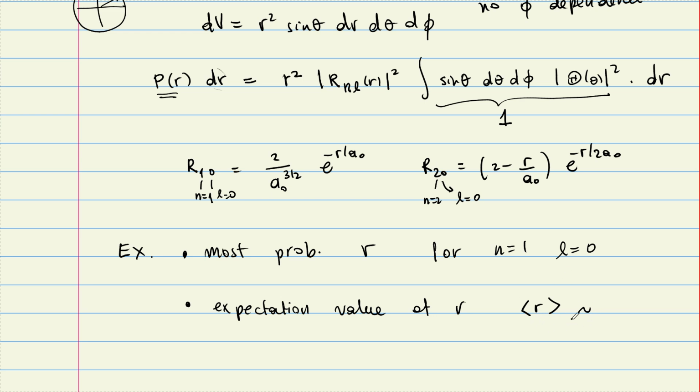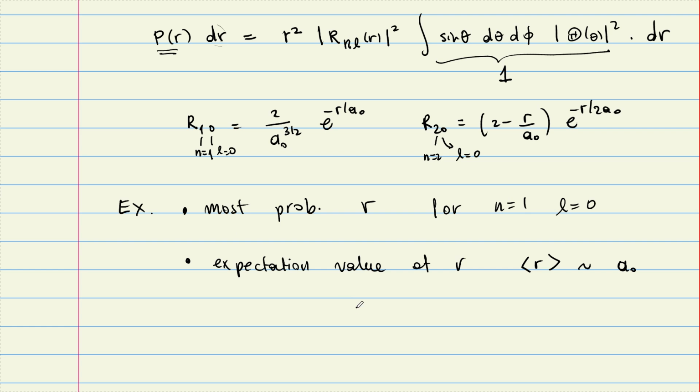What do you think the expected radius for the electron is in terms of a naught? Exactly, something like a naught. It's actually not exactly a naught, and you can ponder about this if you want.